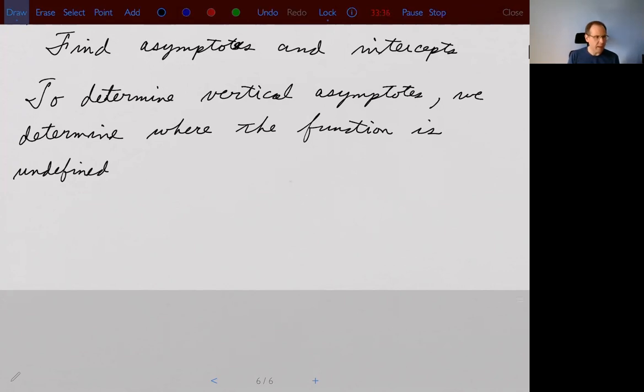Or another way of saying that, remember, our function is undefined when the denominator of the function is equal to 0.